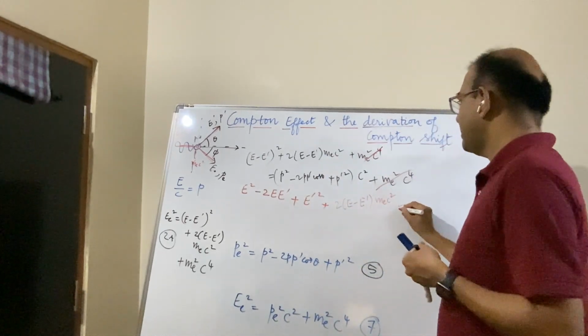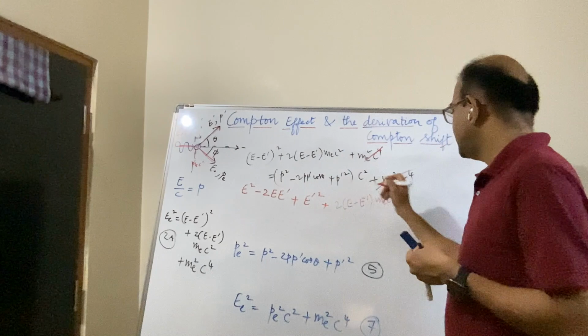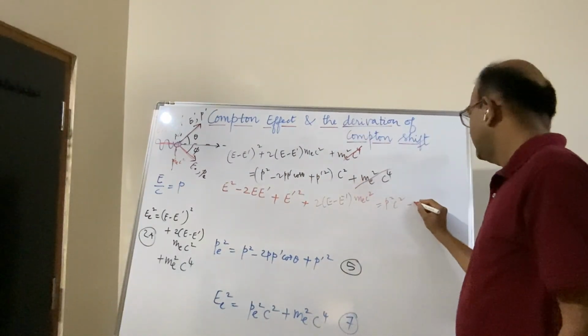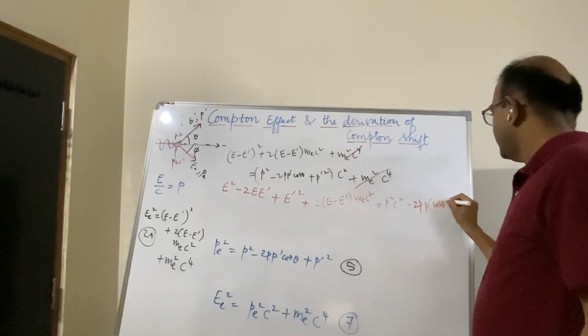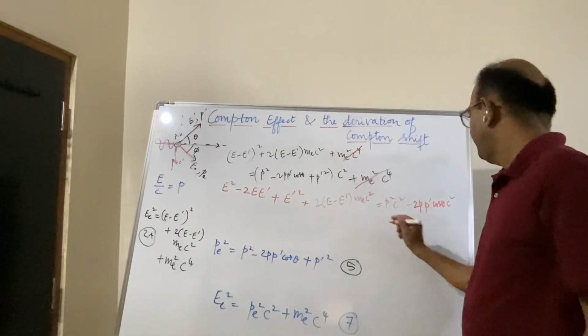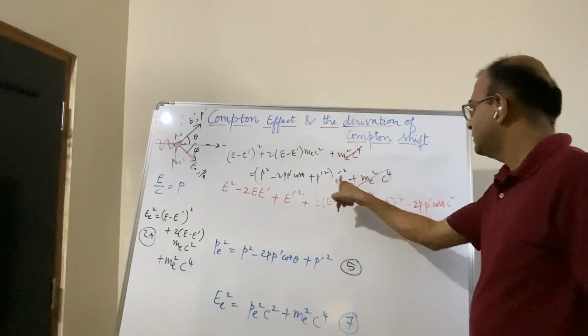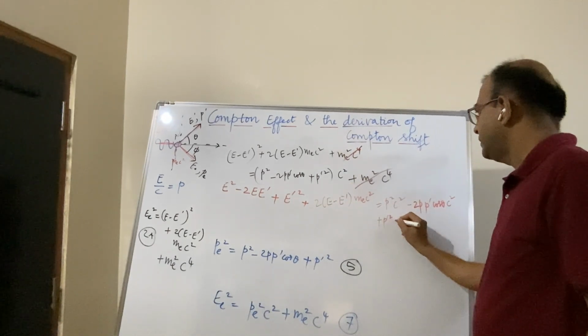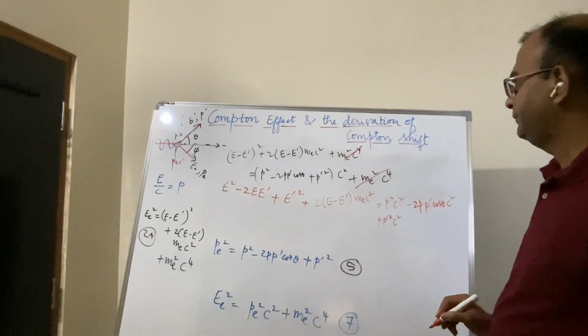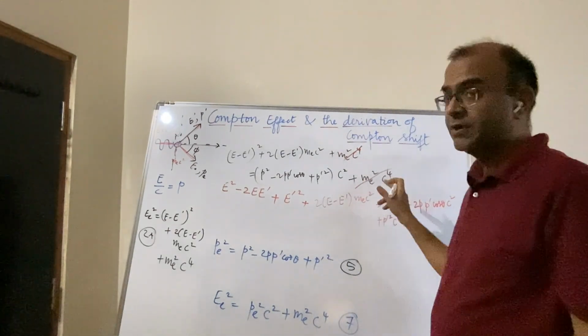On the right hand side we have P squared C squared minus 2PP prime cos theta C squared plus P prime squared C squared. The other term was already cancelled.